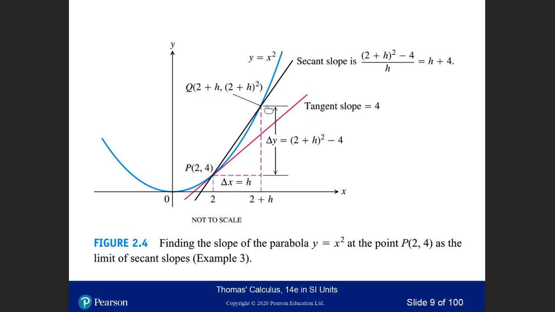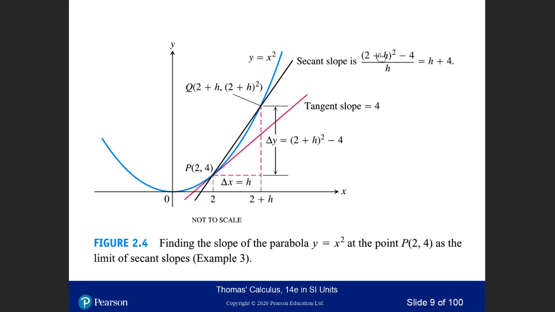Now when I move Q towards P, the slope of the secant line changes, and at the end, it becomes the tangent line. Actually, it's clearly explained here in an algebraic way.